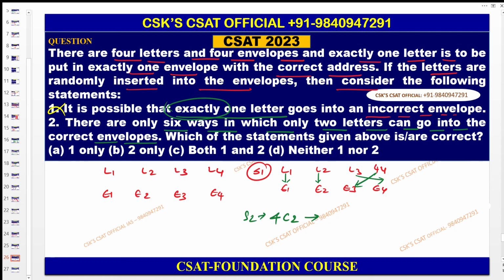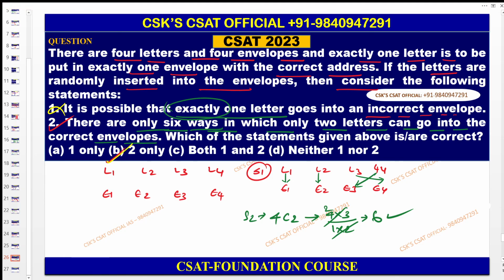So now how many possible ways are there? 4 into 3, divided by 1 into 2. Cancel this one, 2. So 6. They are mentioning correct, there are only 6 ways. So the second one is right. Now try to understand. The answer is B. Okay. Now understand this part here.